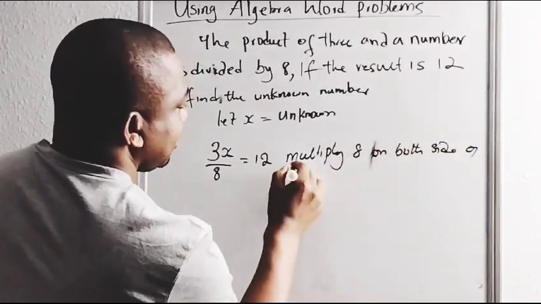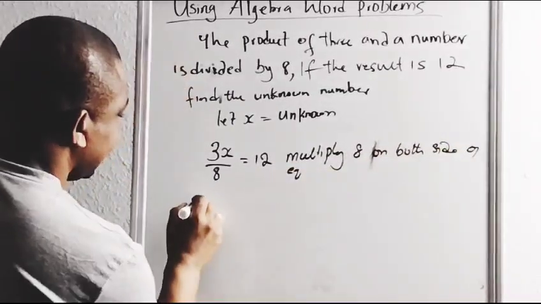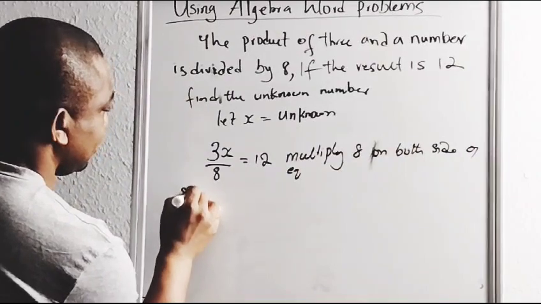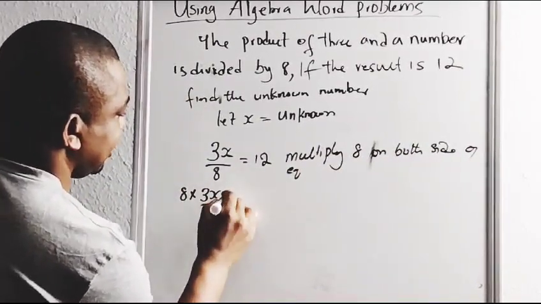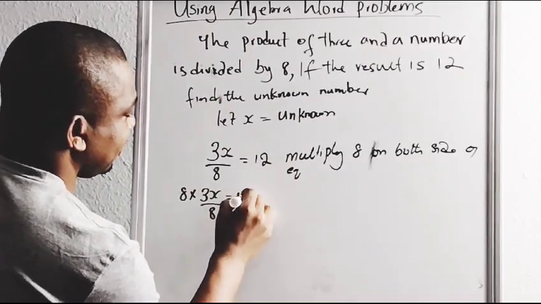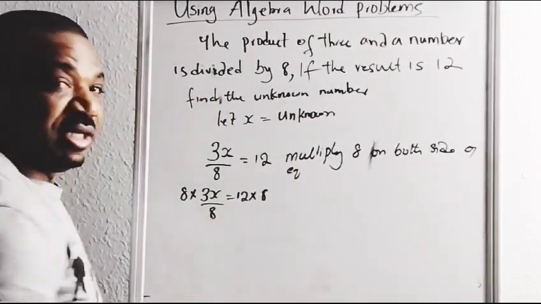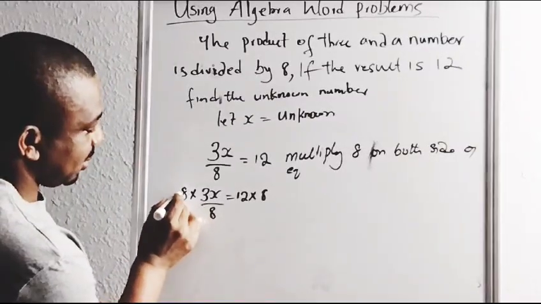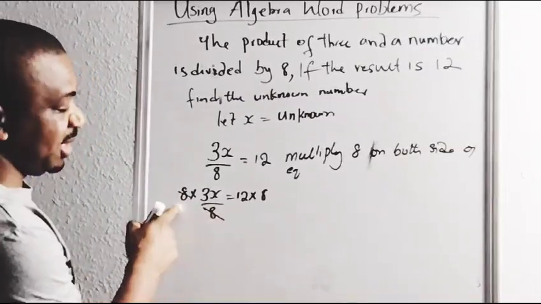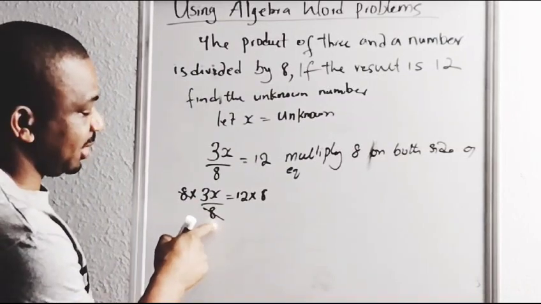So here we say 8 multiplied by 3x all over 8 is equal to 12 multiplied by 8. So the next thing is to cancel out 8, because we have 8 here, so we cancel out 8.